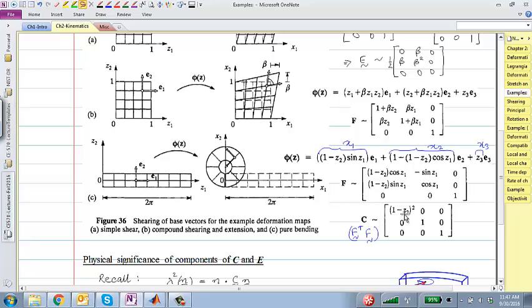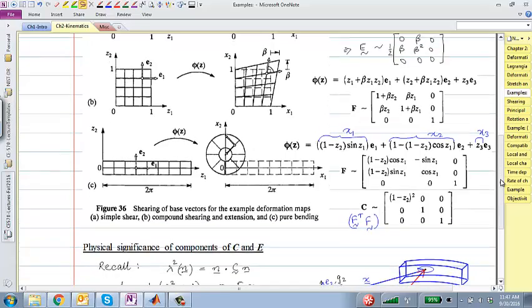If you go positive z2, you would get numbers lesser than 1 here, right? Positive z2 numbers lesser than 1, which means compression. All the fibers above, for positive z2 values, would get compressed. All the fibers with negative z2 values would get extended, which is what bending does, right?